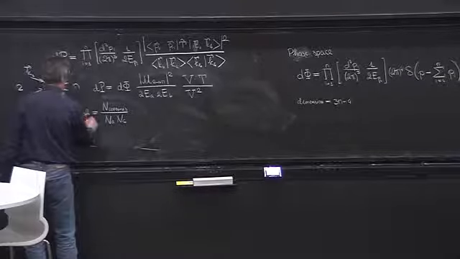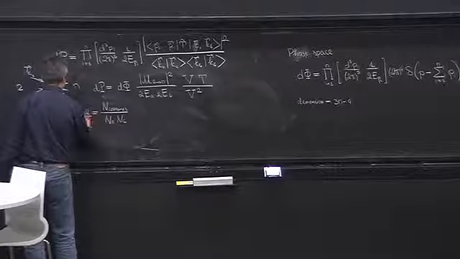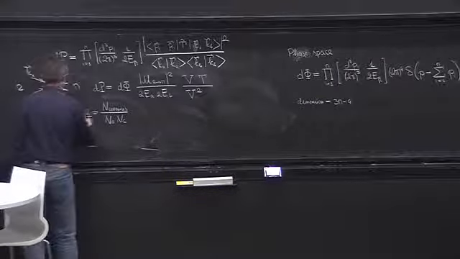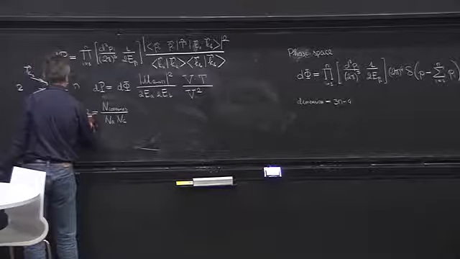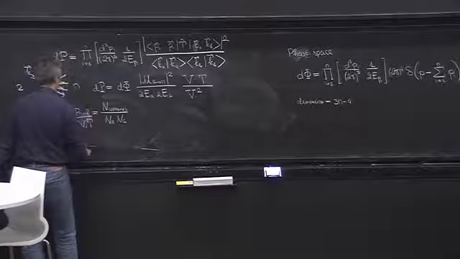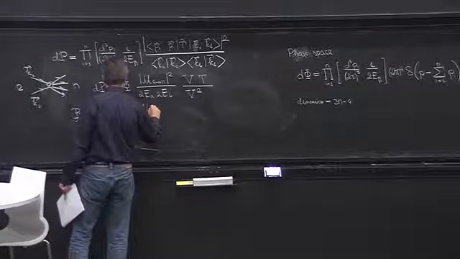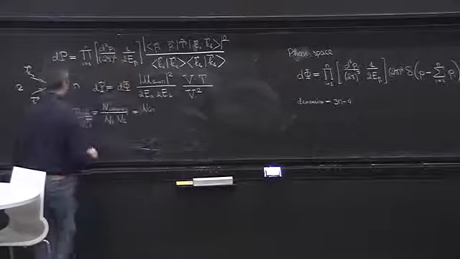So probability divided by volume, divided by volume and time will be equal to the number of collisions.